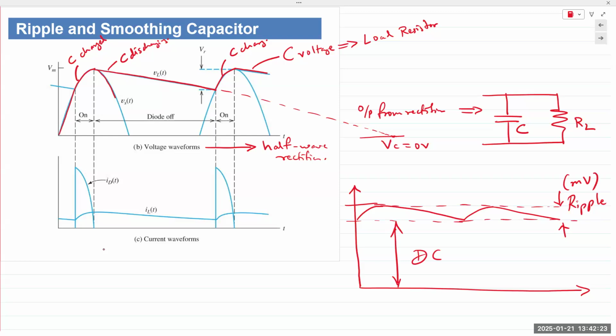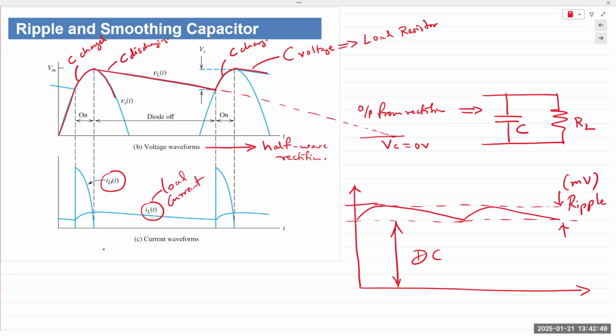If you take the area under the curve, the entire energy is coming from the diodes plus the capacitor. In the bottom half, of course, we see the current waveforms. This is solely the diode current. It's only on for a certain period of time. But then the output load current is right here.